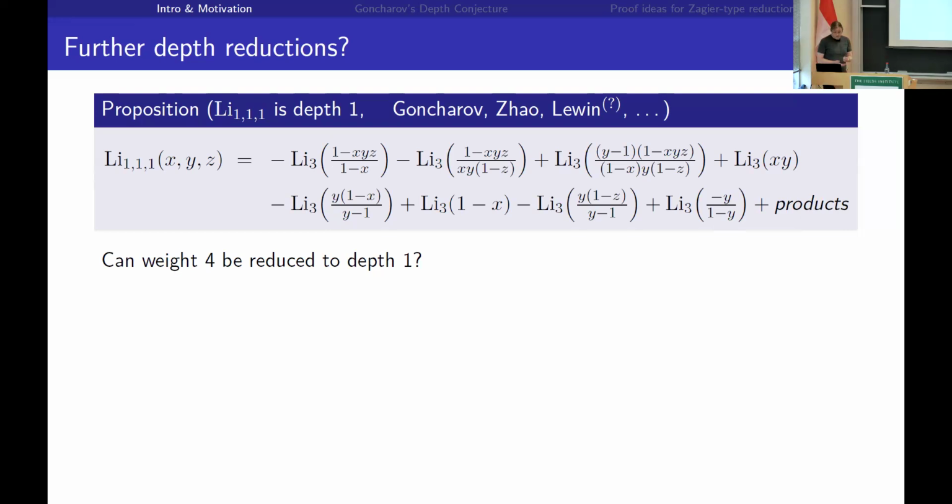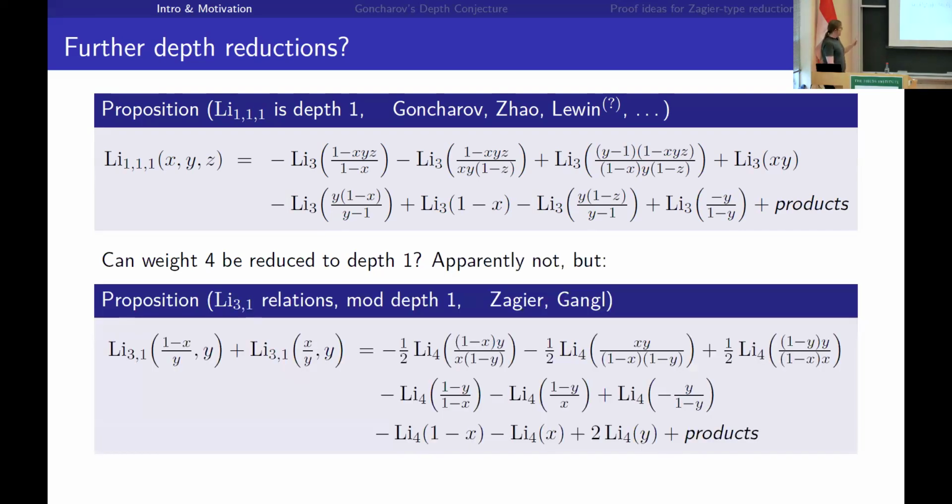So then the obvious question you want to ask is, does the same thing work in depth 4? Maybe all of the multiple polylogs are really just a complicated combination of depth 1 things. But no. The tongue-in-cheek answer for why this doesn't work is that 4 is 2 plus 2. It'll clarify exactly what happens there in a few slides.